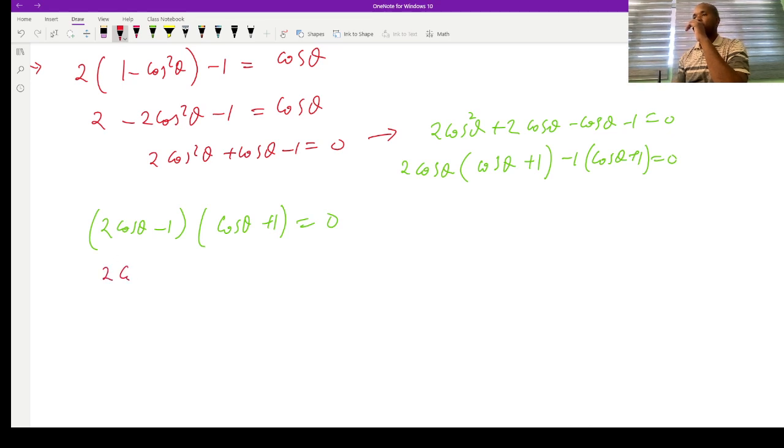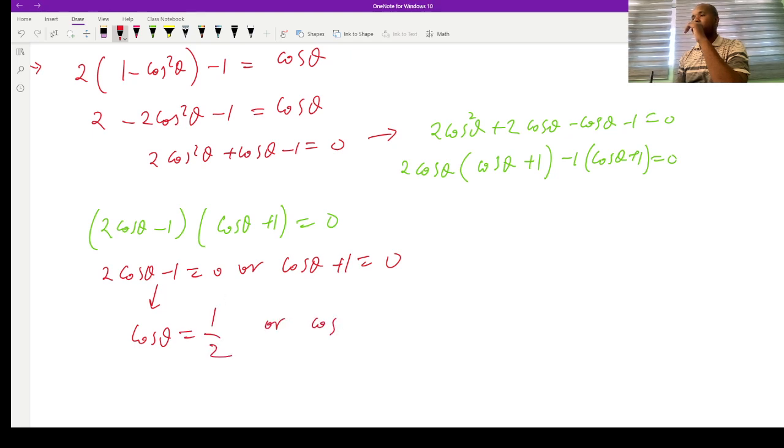So we can easily say now 2 cos theta minus 1 equals 0, or cos theta plus 1 equals 0. With this being said, cos theta now will be 1 over 2, or cosine theta equals a half. Remembering, an apology, or equal to negative 1, sorry.